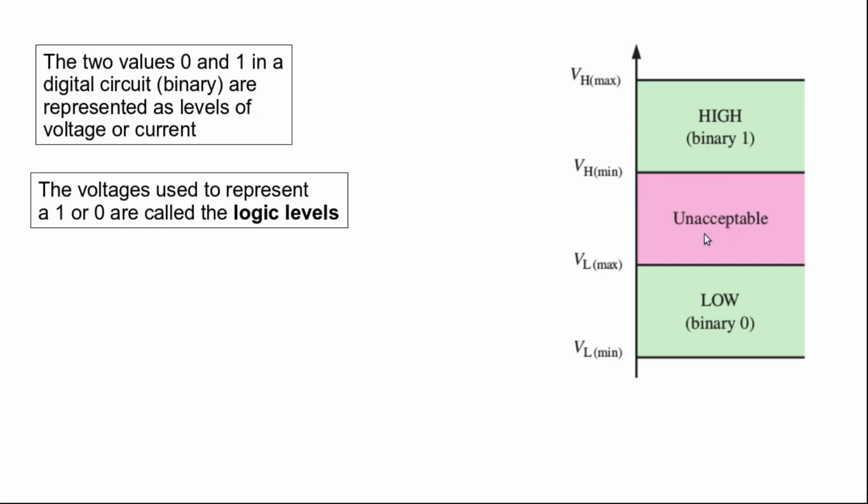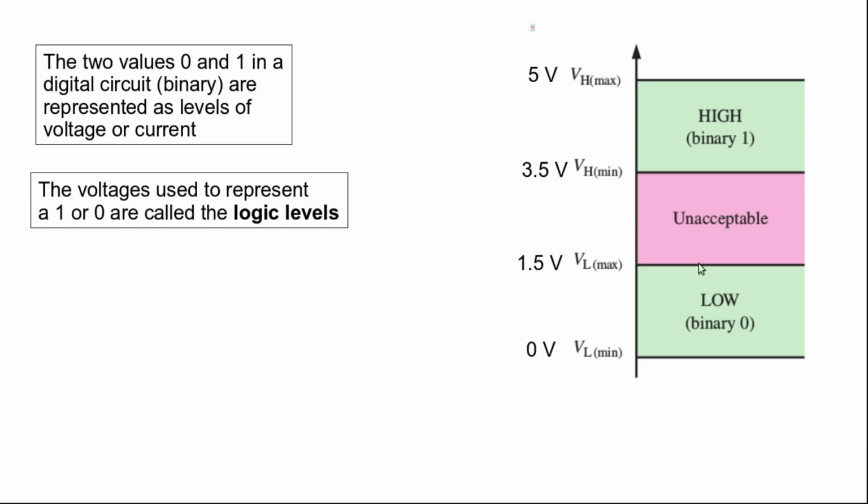So if you have a voltage which falls in this range, then it is neither 1 nor 0. To make it more clear, let's say the minimum voltage is 0 volt and the max is 5 volt. So we may say that from 0 volt up to 1.5 volt, any voltage in this range will represent a 0, and any voltage in the range 3.5 to 5 volt will represent 1. And if the voltage is between 1.5 and 3.5, that is not acceptable because it's neither 0 nor 1.